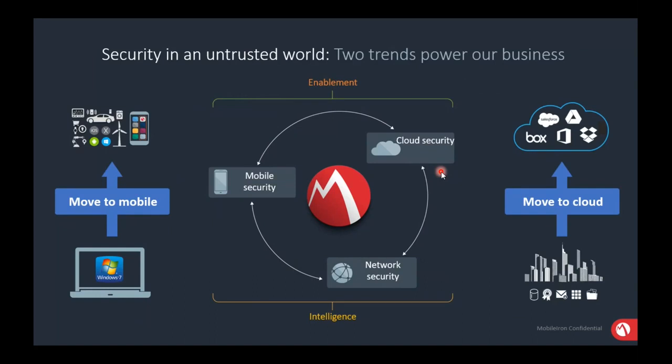Now not only have the users moved to mobile devices, the companies have also moved into cloud resources. So with MobileIron, we can have user access control, whether they are trying to access their on-prem or their cloud.